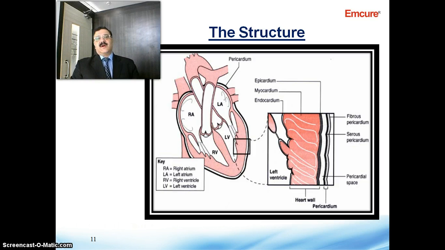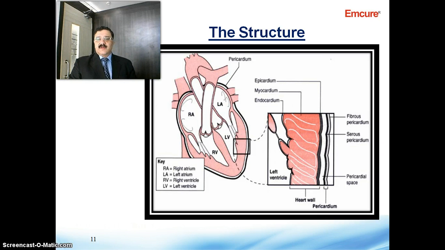Well, the structure of the heart, as you can see in this figure: we have the innermost lining of the heart, which is called the endocardium. Then you have the middle lining of the heart, which constitutes the major chunk of the heart and is called the myocardium.